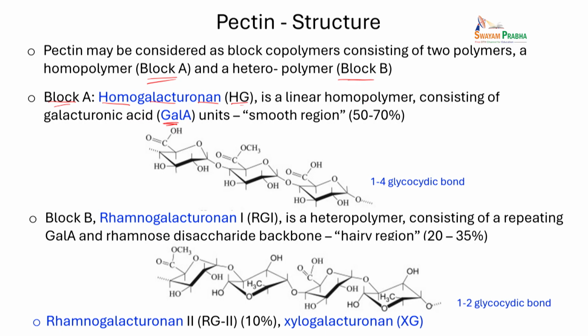And this block A is called homogalacturonan. Okay, and this homogalacturonan block consists of this galacturonic acid, and this part of the chain is called the smooth chain because it is linear and nicely packed. In any given pectin sample, typically between 50 to 70% of the entire polymer is made up of this block A, the homogalacturonan component.